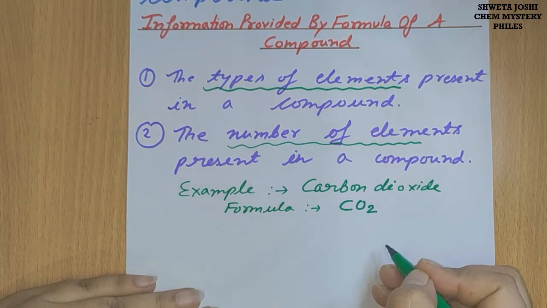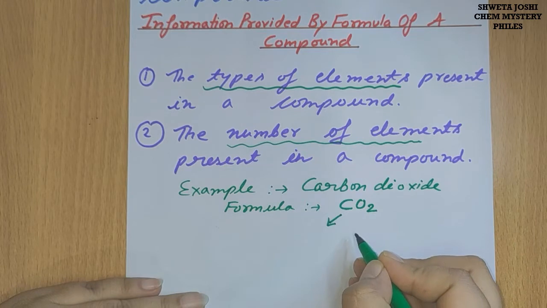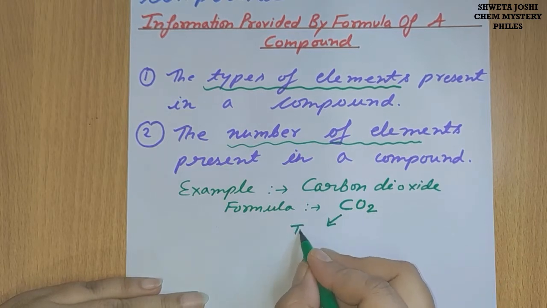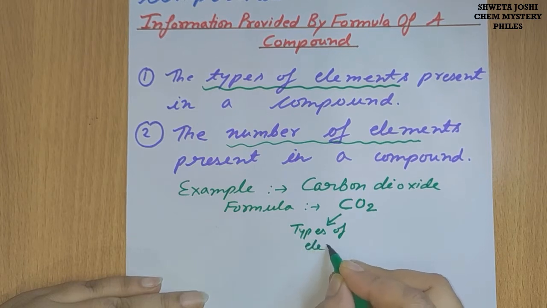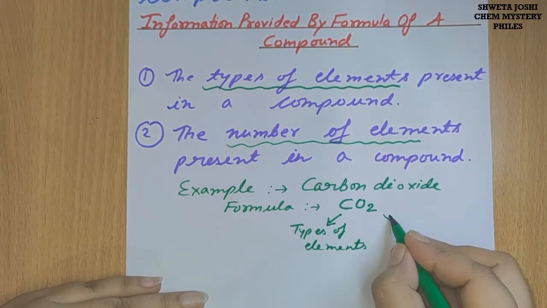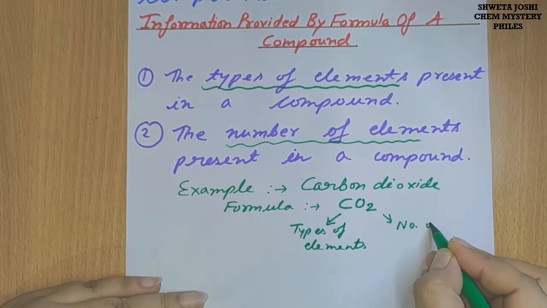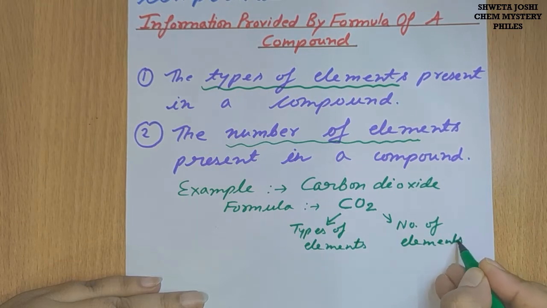So the two basic informations provided are the types of elements and number of elements.